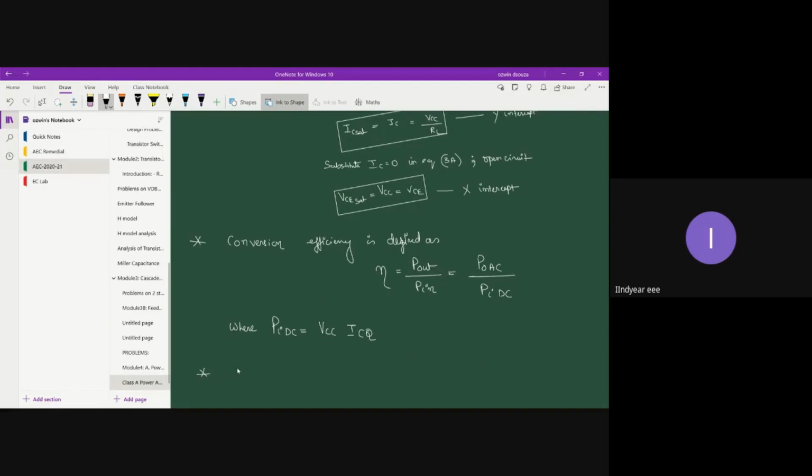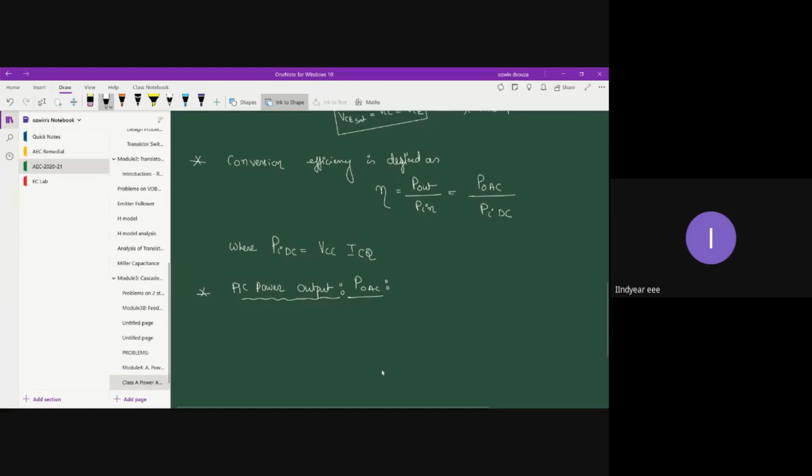Next, let us write an expression for AC signal, the AC power output, P0 AC. Now, to write an expression for AC power output, you can use different terminologies.